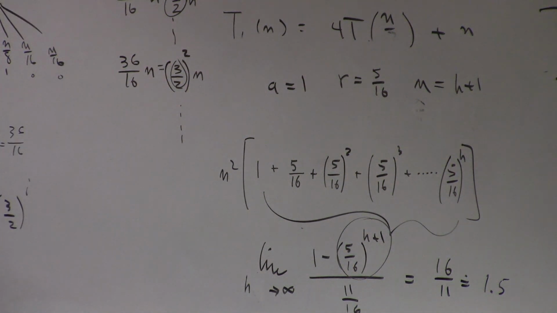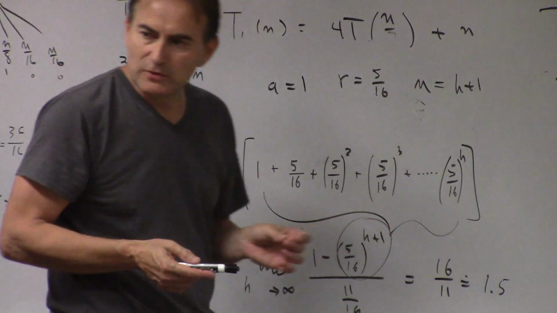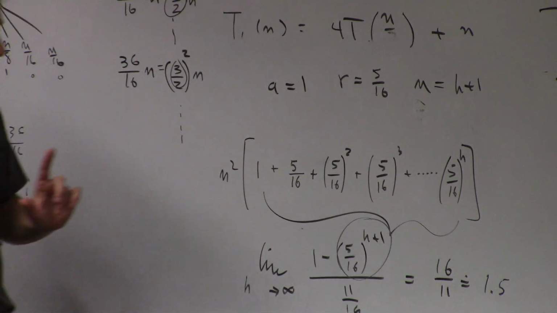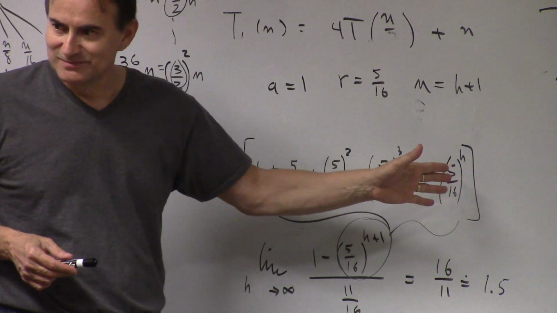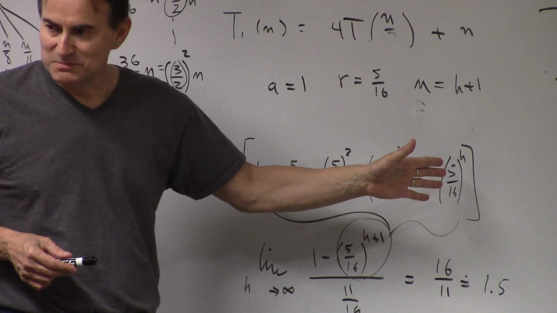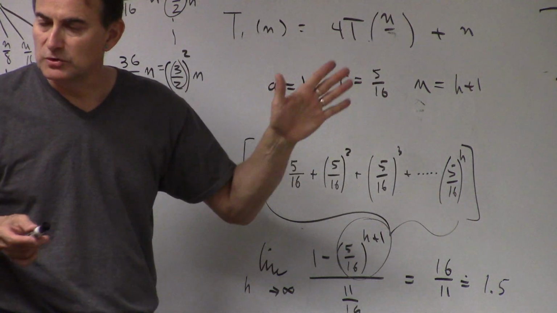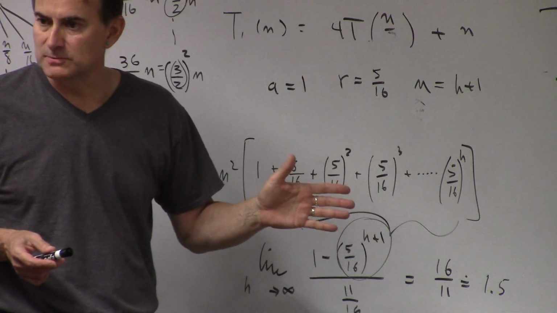Now let's see what that really means. Is that just mathematical mumbo jumbo, or does it have some meaning? That 1.5 represents the case where the number of levels in the tree is infinite. It means we don't care how many levels you have, we let them go to their absolute maximum, more than there possibly could be.